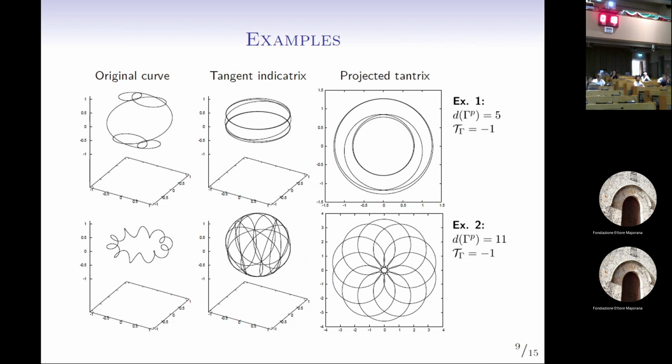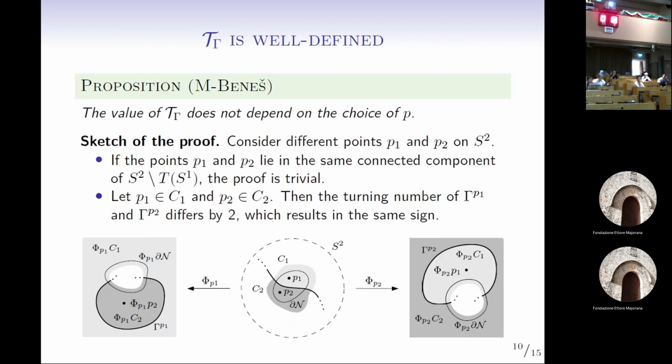And these are the stereographic projections, and in both cases the tangent turning sign is -1. So maybe just to clarify, I should say something about the point P, because it looks like just an arbitrary choice, and it may change the result, but actually it does not.